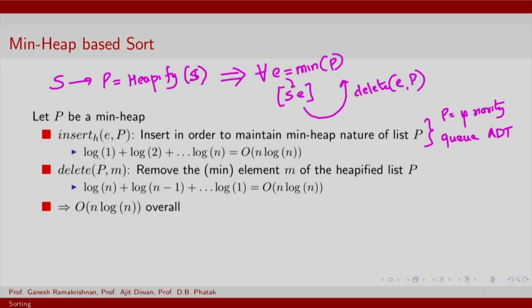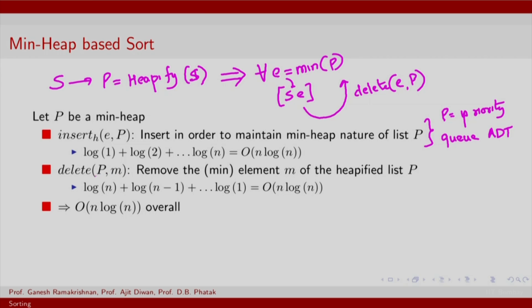Now for every insertion you are going to traverse the height of the existing tree. Initially the tree is very small, so you traverse a tree of size 1, log 1, and then you have 2 elements, log 2, and so on up to log n, and this is order n log n.